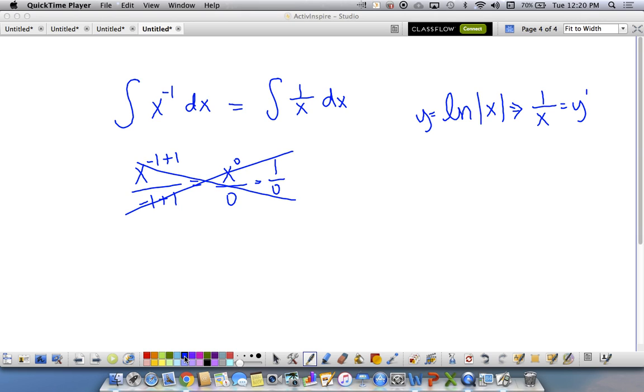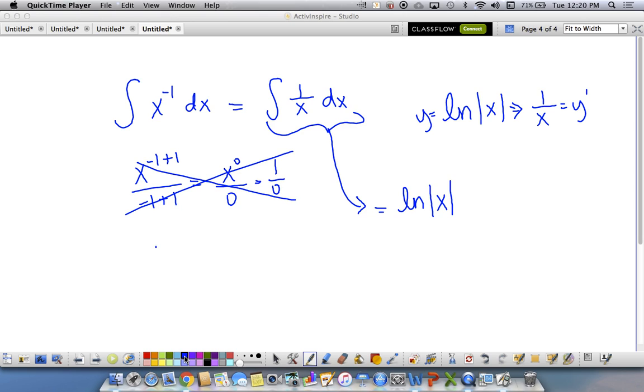So when we are going backwards, and I know the derivative, can I say this integral is natural log x? And they're going to put the absolute value signs on it because we can't have natural log of a negative number. Okay? Perfect. And we would have our plus c out there also. So I probably would put it in a box.